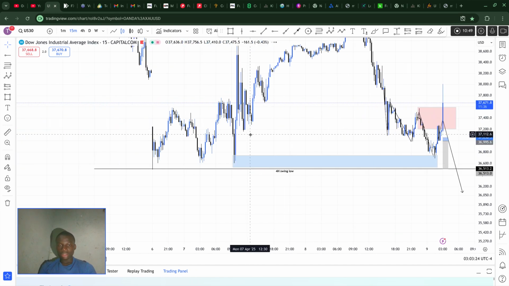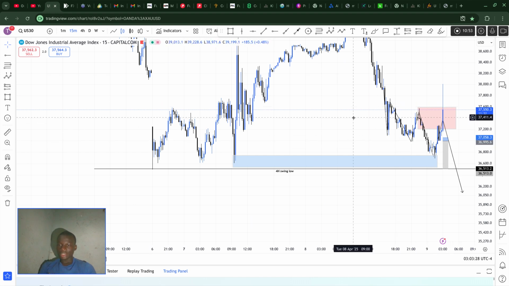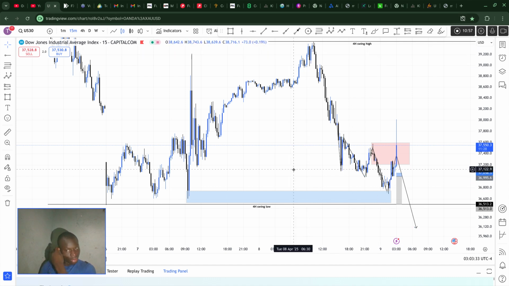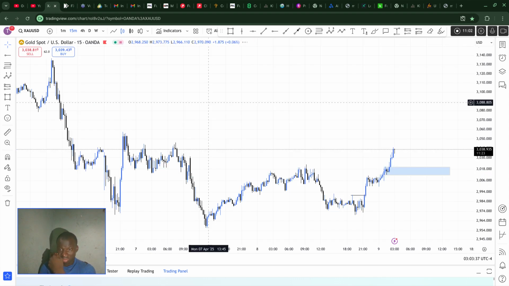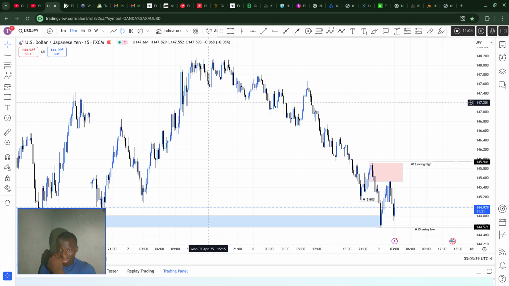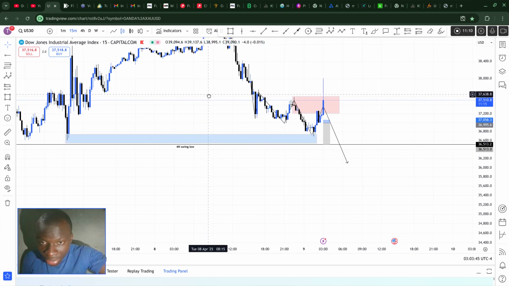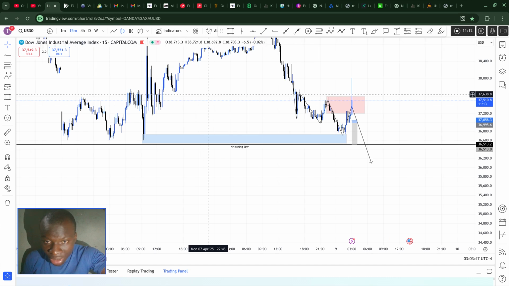So if this wasn't able to take out this high, just keep going like that. Okay, come and tell me that this is a liquidity grab. Too high to be a liquidity grab.